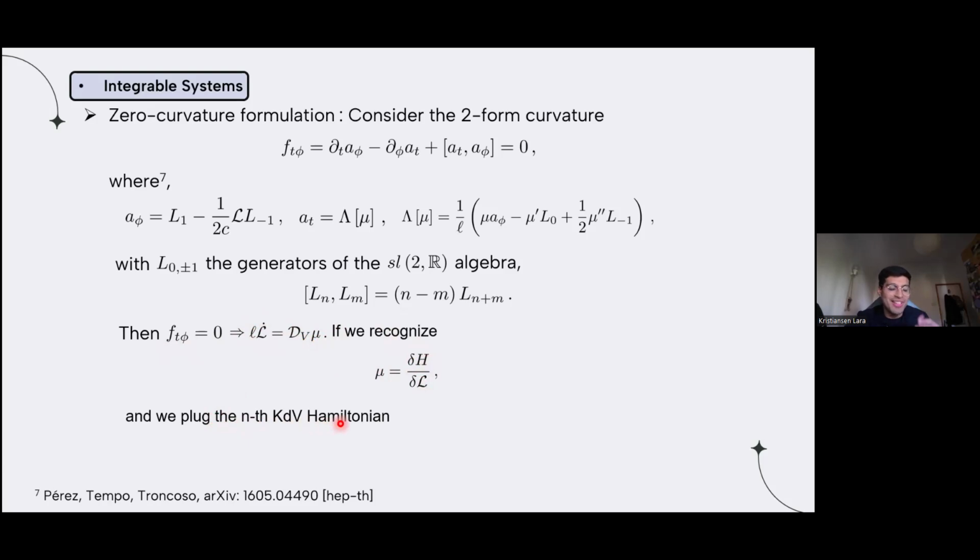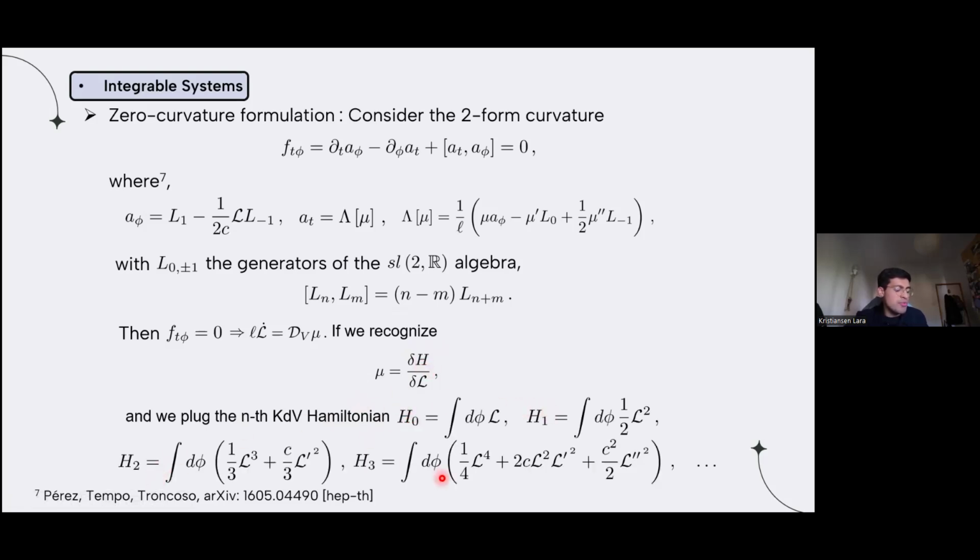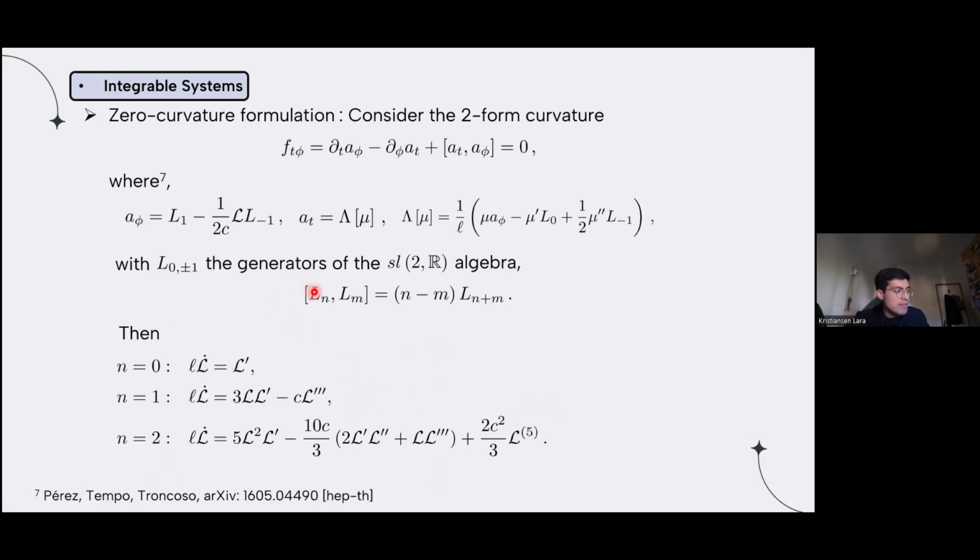You cannot plug in a dog. You must plug in something that is sensible to this differential equation. So if you plug the nth KdV Hamiltonian in this expression that you can see here, like H0, H1, H2, H3, and so on, then the differential equation will transform as the KdV hierarchy. And why is it the linking point with AdS3 general relativity?